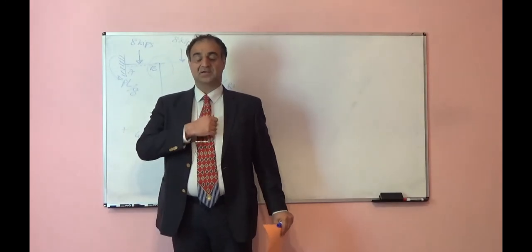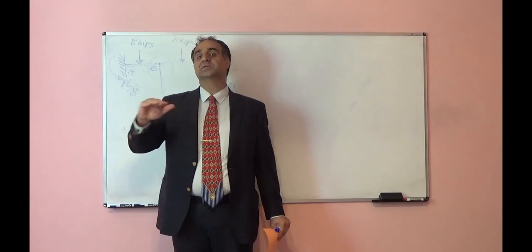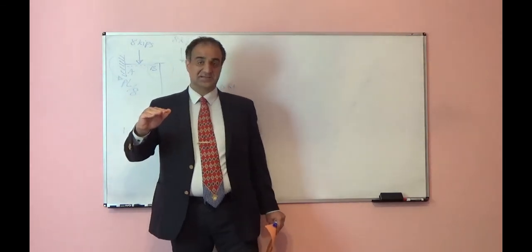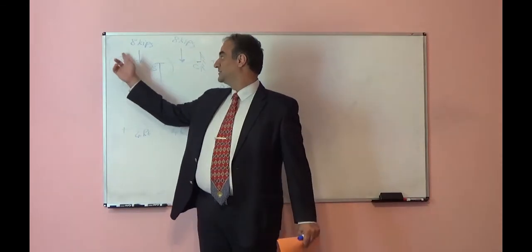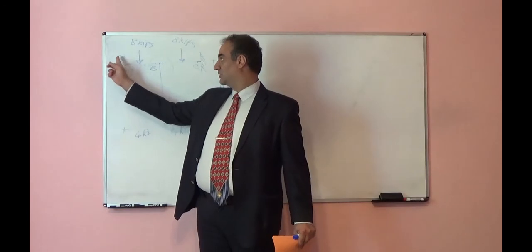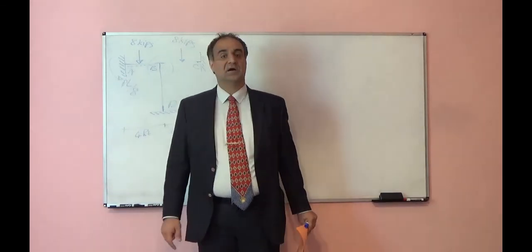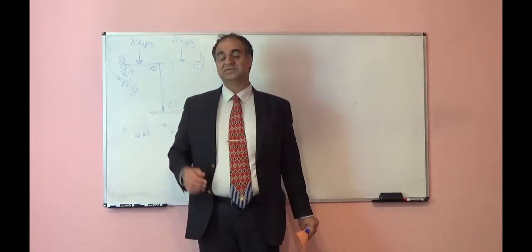Once in the moment diagram I show negative, it means it creates compression underneath the beam. If I show positive, it means it creates tension underneath the beam. But about direction, for external moment, once I show counterclockwise, I call it positive. Once I'm taking moment clockwise, I call it negative.